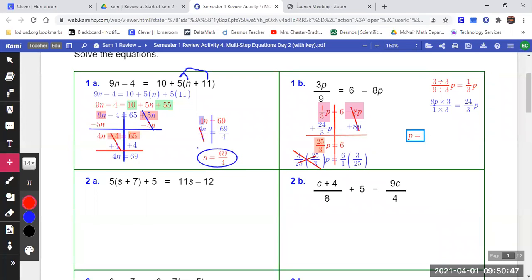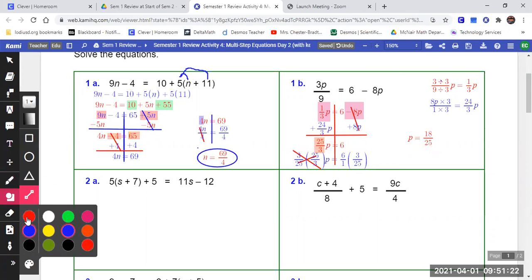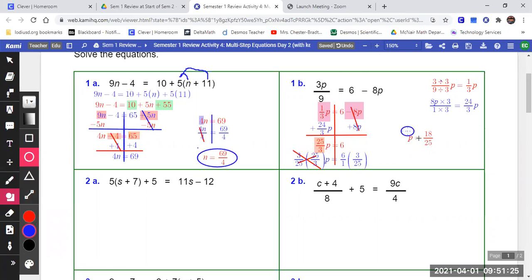Top times top, bottom times bottom. 6 times 3 is not 150, guys. You're multiplying this side. Top times top, bottom times bottom, straight across. 18 over 25, exactly. And that's as good as it can get. And the way I know is 6 couldn't clean up 25. 1 isn't helping anything. Okay. Done.